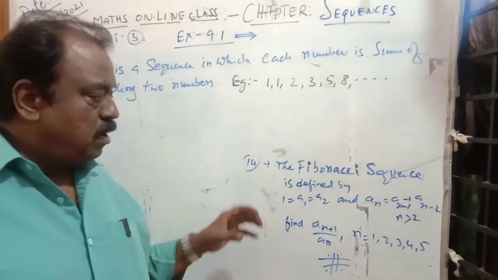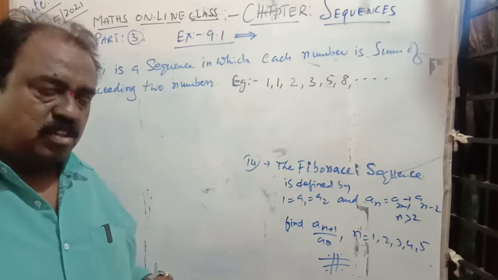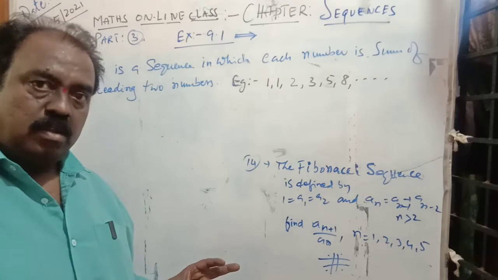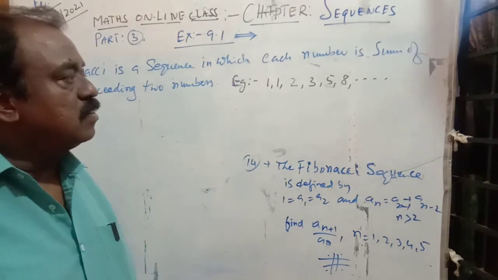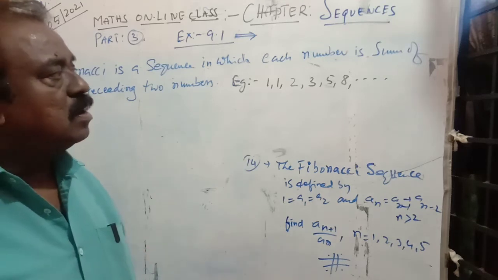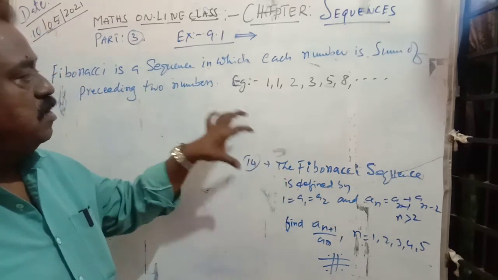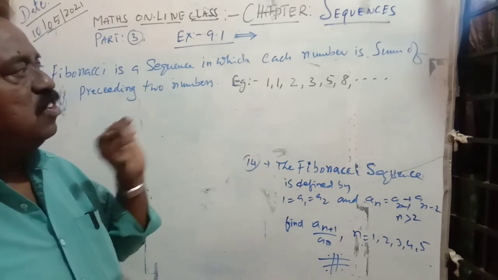In that family of mathematicians, nearly 4 terms. Father, son, his son, and his son. Like that, they are all mathematicians. Of course, we leave out that topic. On behalf of that family, that name is given. Here, a sequence is there.